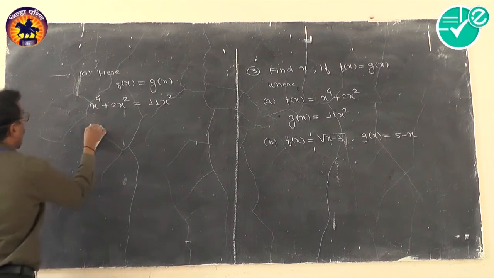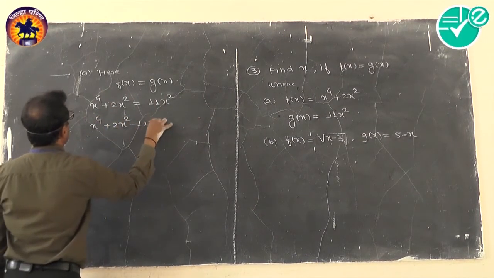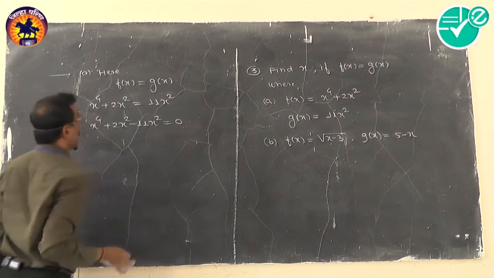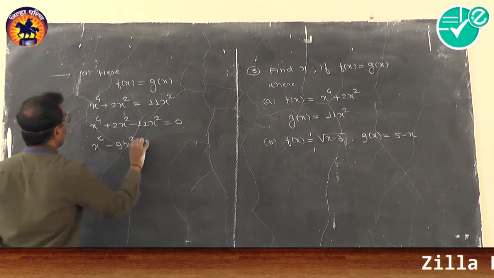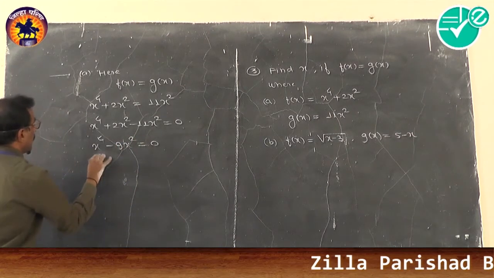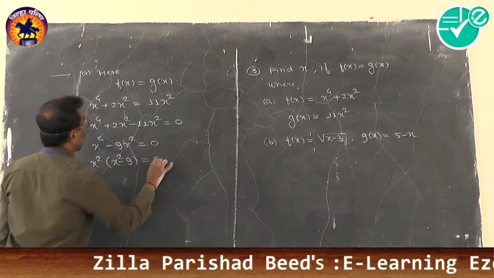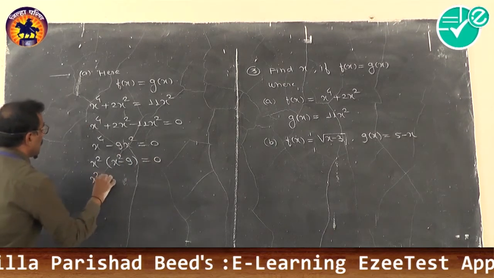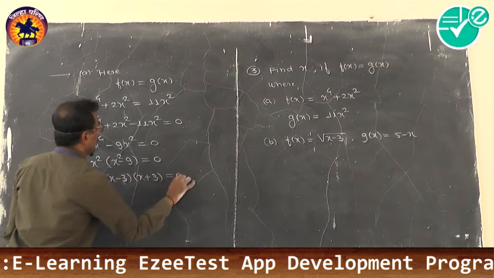Now shift all to the left: x raised to 4 plus 2x square minus 11x square is equal to 0. So x raised to 4 minus 9x square equal to 0. x square is common, remaining is x square minus 9 equal to 0. So x square into (x minus 3)(x plus 3) is equal to 0.